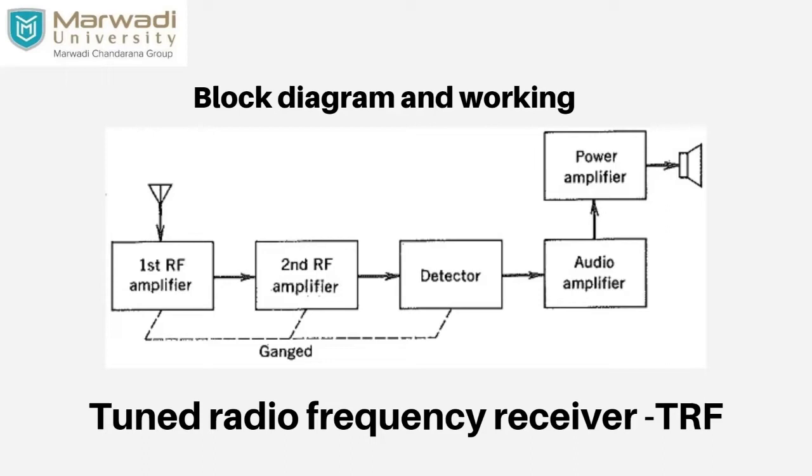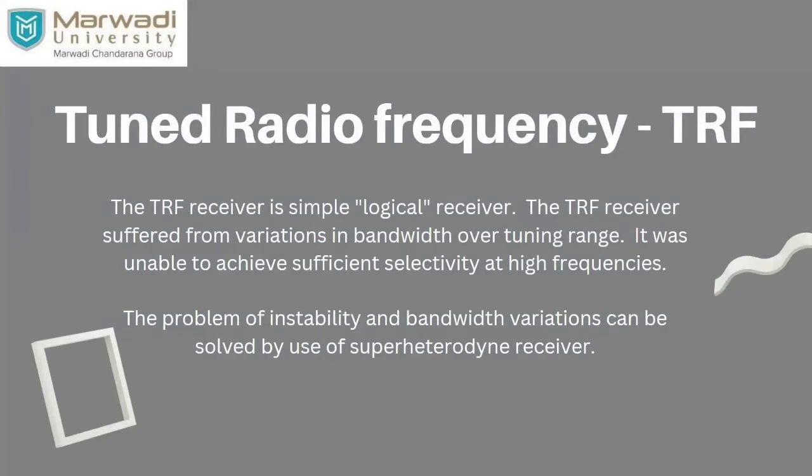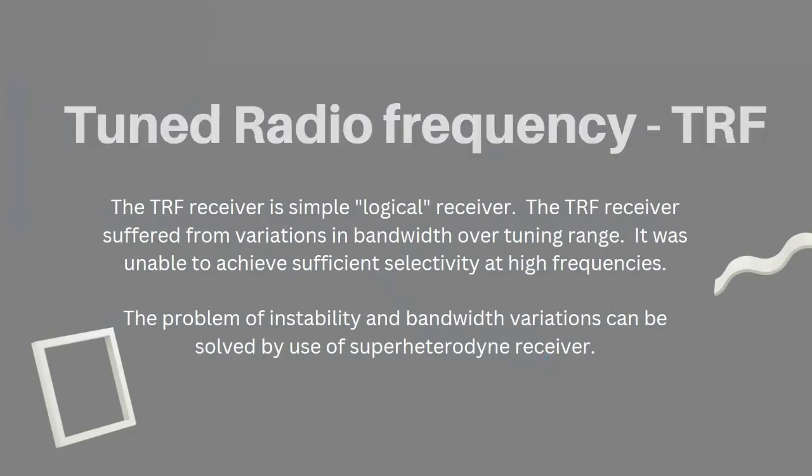So for that, we are using the superheterodyne receiver. Also, bandwidth variation happens in the TRF receiver, as I told, it only allows low frequencies to pass. So for that, the superheterodyne receiver is useful. So let's see that.